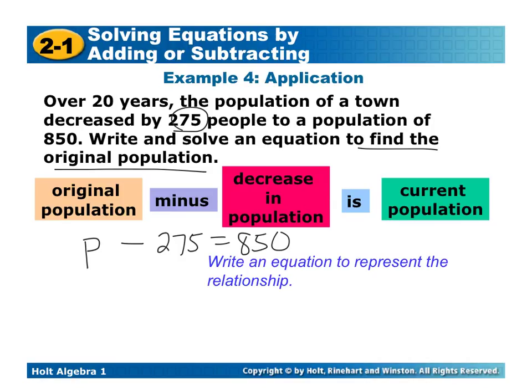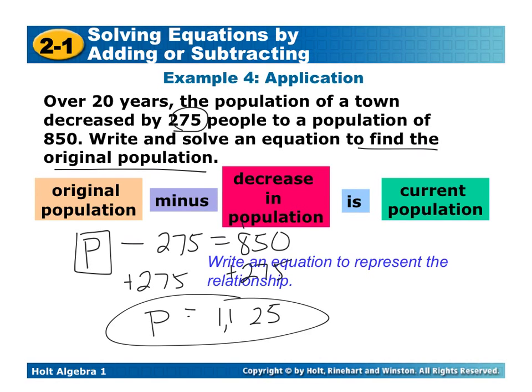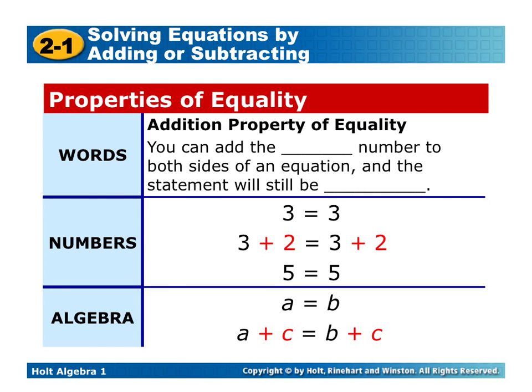So now we're going to go ahead and solve this. P is our variable, so since it's minus 275, I'm going to add 275 to both sides. So the original population was equal to 1,125 people.